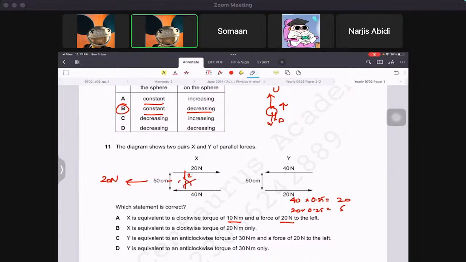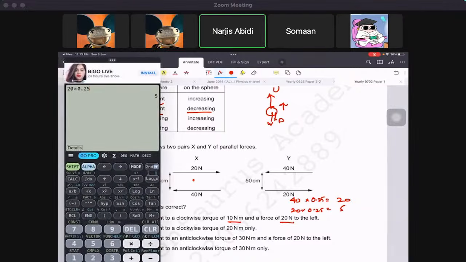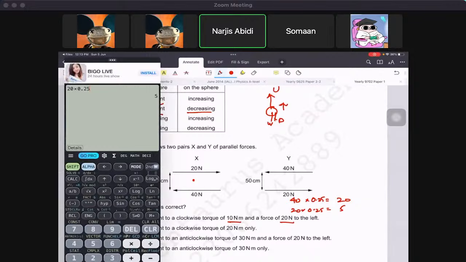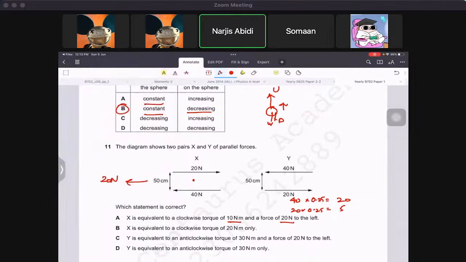Let's see. We take it from the center. It should be a pair of forces, right? 10. Wait a second, let me see. Sir, the first value is 10. The first value is 10? Yes. How?